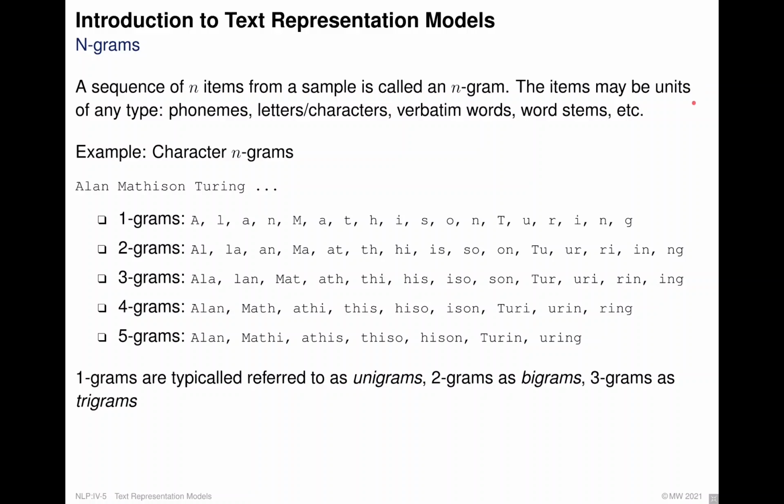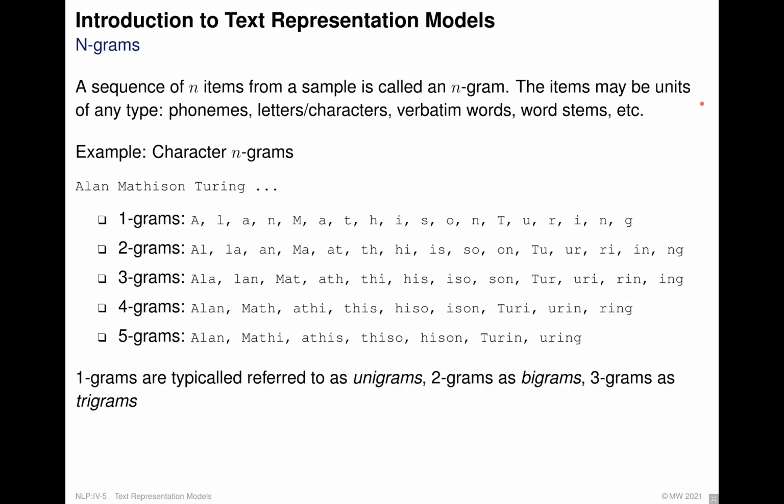These items may be of any type. In our case, of course, we are interested in linguistic units, but an Ngram is an abstract structure, so it can be a unit of any type. In our case, we have units such as phonemes, letters or characters, words. These words may be verbatim words, or pre-processed words.